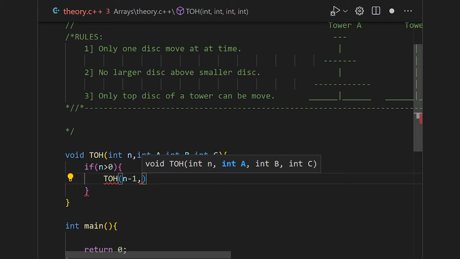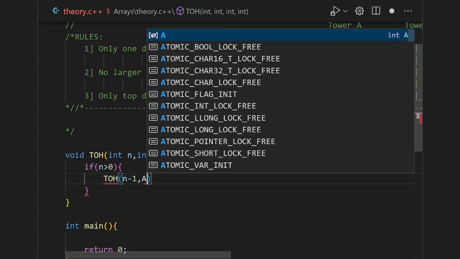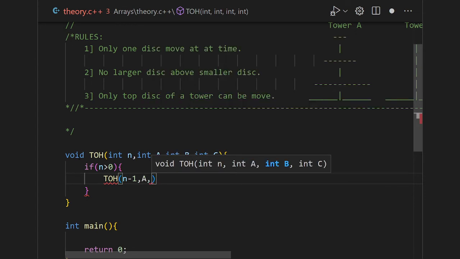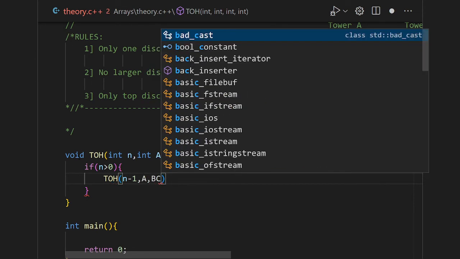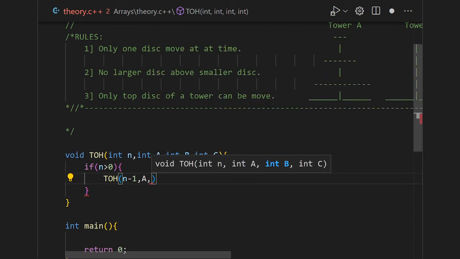So we have to move the first disk from A to B via C. That is the code here.